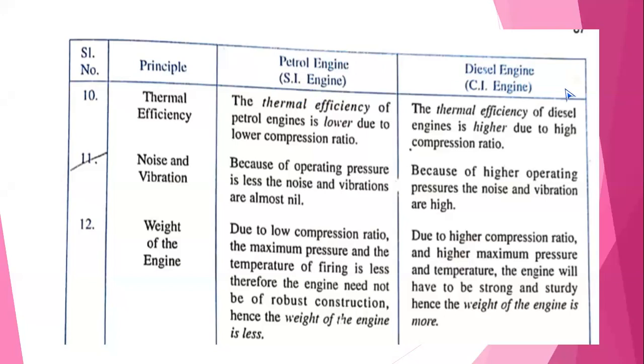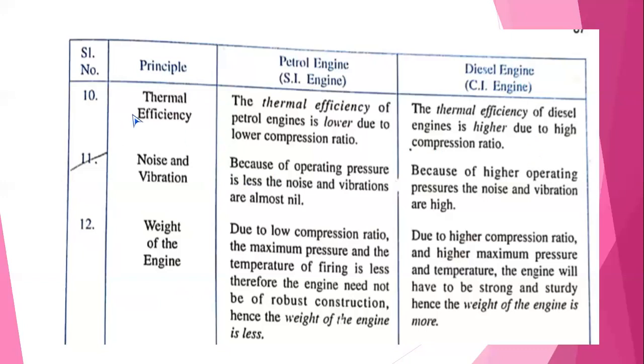In the same way, the thermal efficiency of the petrol engine is less when it comes to the diesel engine. The thermal efficiency of the diesel engine is high when compared to the petrol engine, because of the compression ratio of the fuel and air.